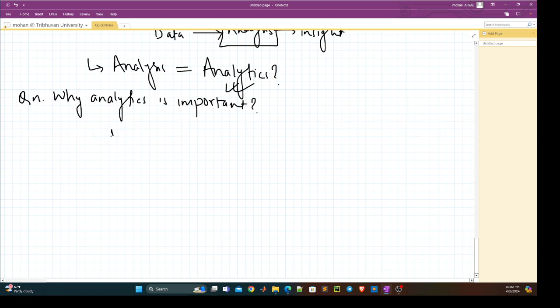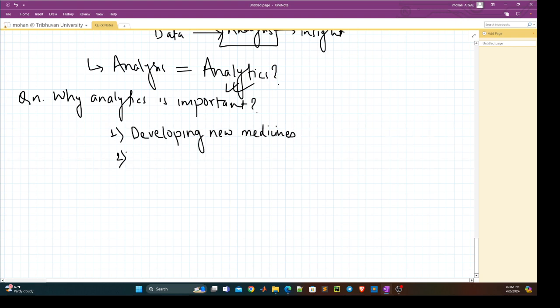Now, data analytics is used in developing new medicines.